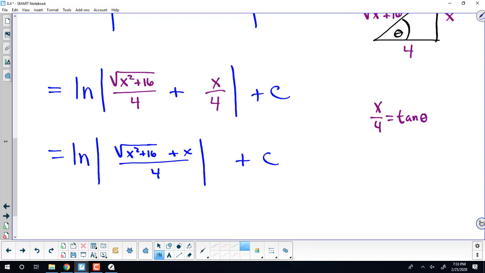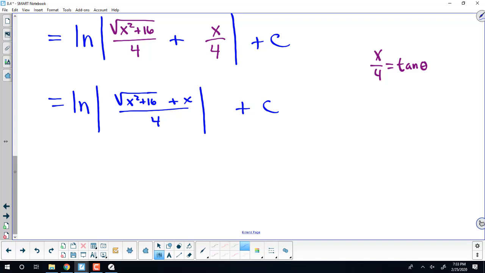And now we have the log of a quotient. So we can use the properties of logarithms. That's the log of the numerator minus the log of the denominator.